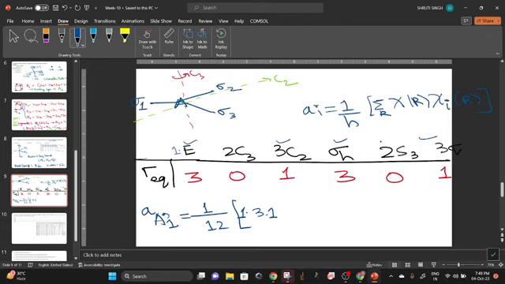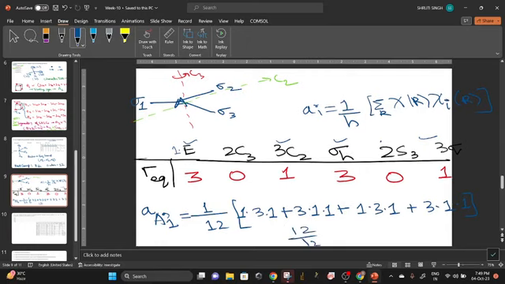Next, C3, this I am not writing. C2, so it is 3 into 1 into 1. Next, this 1 into 3 into 1. This is 0. This is 3 into 1 into 1. So we have 3, 3, 3, 3. 12 by 12 equals 1. Right?